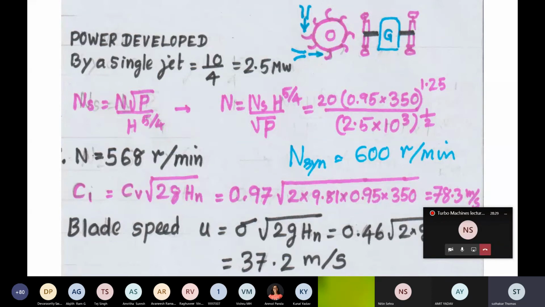So in the generator, if you put a single pair of magnetic poles and run this machine at 3,000, you will get 50 cycles per second. If you want to put 2 pairs of poles, then you have to run it at 1,500 RPM. So that is one synchronous speed. Then if you put 3 pairs of poles, it is 3,000 divided by 3, it comes to 1,000 RPM.